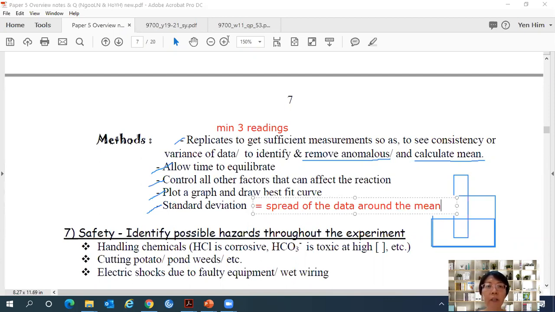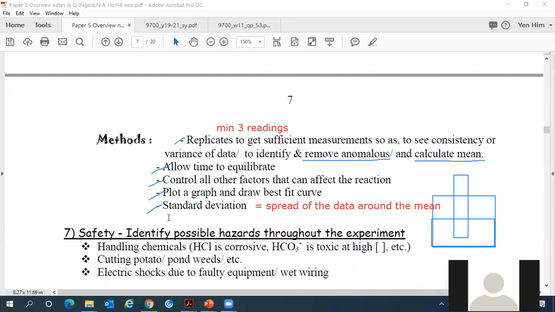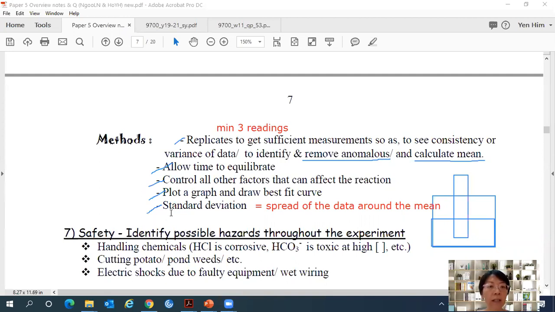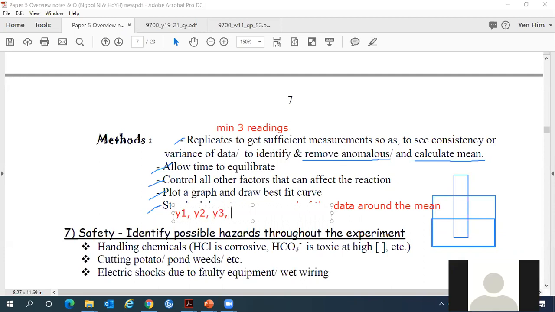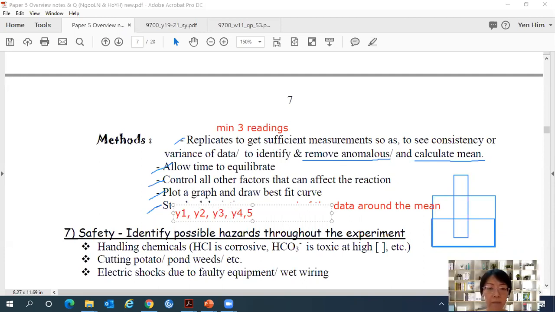So let's say, for example, you got 5 readings. Your reading is Y, so Y1, Y2, Y3, Y4, and Y5. Let's say 3 is enough. So you got 3 readings, Y1, Y2, Y3, and then you calculate the mean.